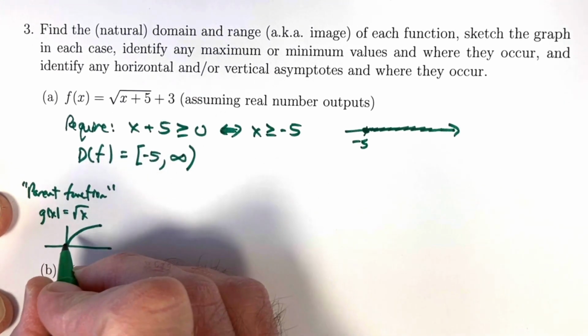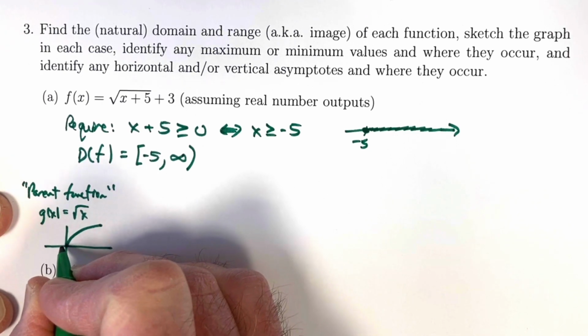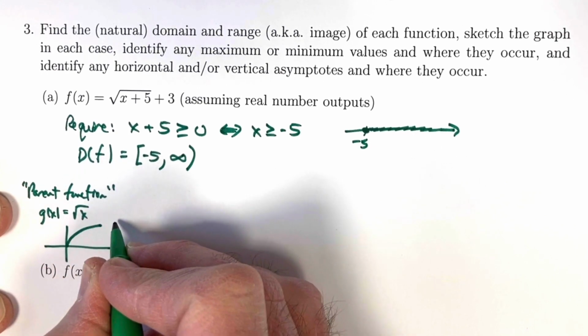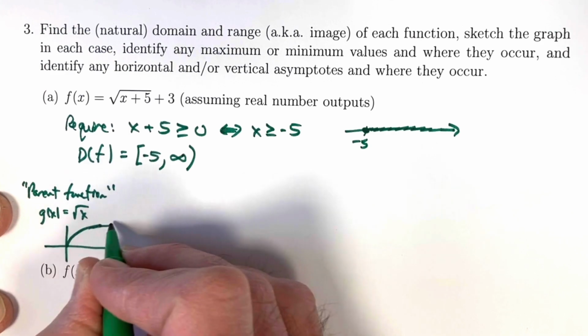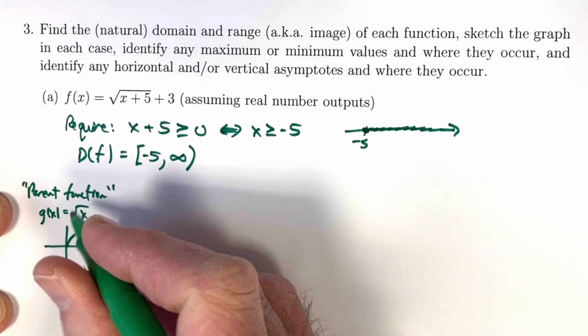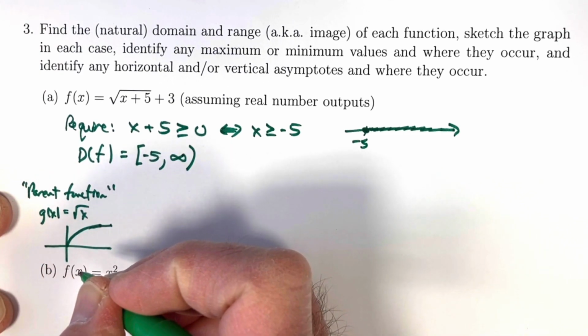Its domain is all x values greater than or equal to 0, and its range, the set of all outputs, is all y values greater than or equal to 0. It actually does not have a horizontal asymptote. It kind of looks like it might, but no matter what horizontal line you pick, the graph will eventually get above it. So the range, again, includes all numbers y greater than or equal to 0.